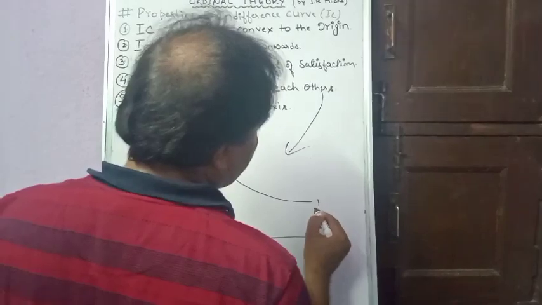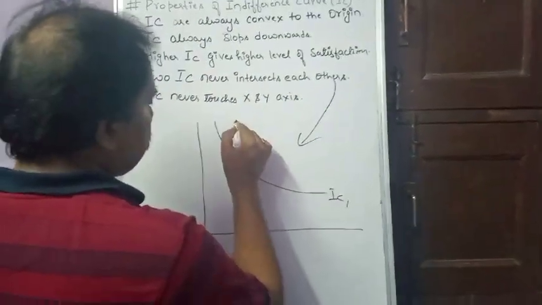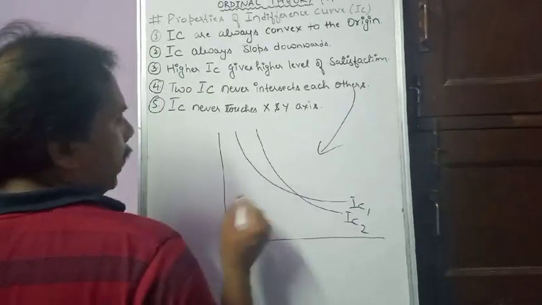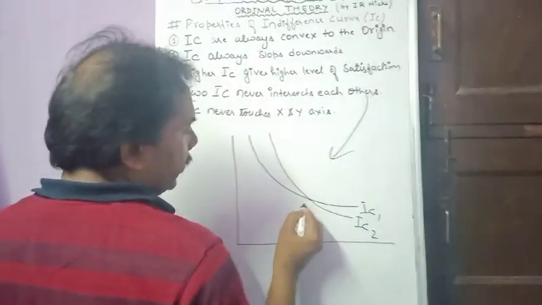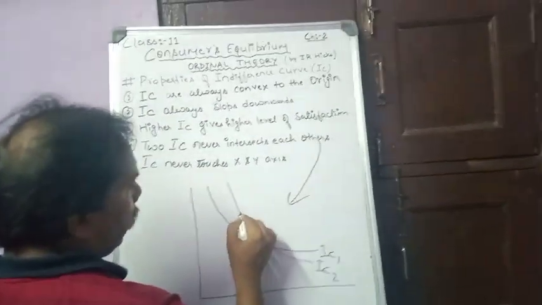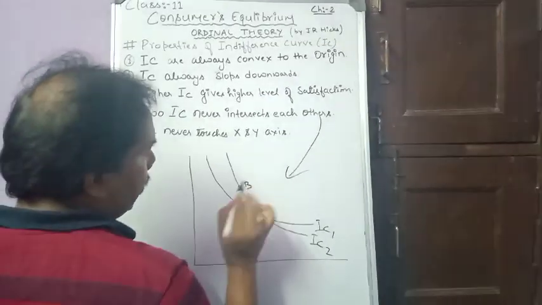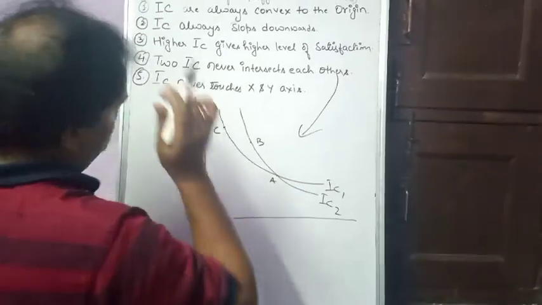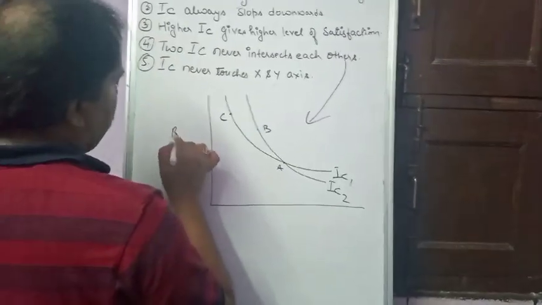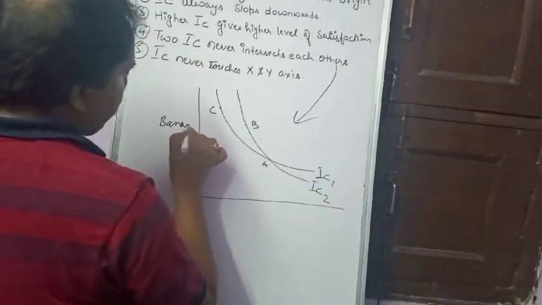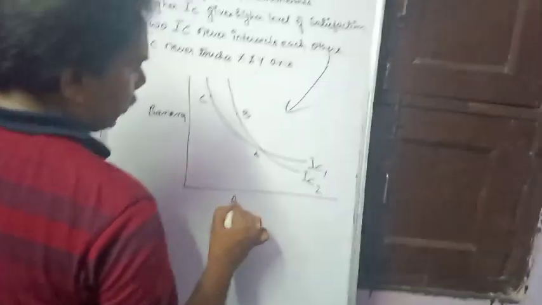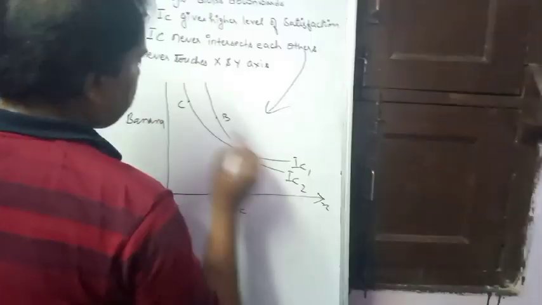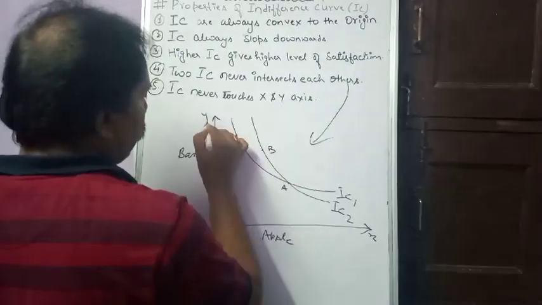Suppose this is IC1 and suppose this is IC2. There is a common point A, another point is B, and another point suppose C. Here that is banana and here that is apple. This is the x-axis and this is the y-axis.